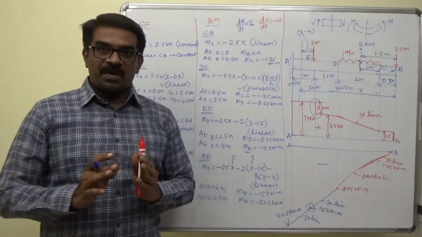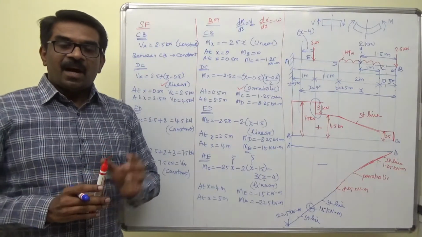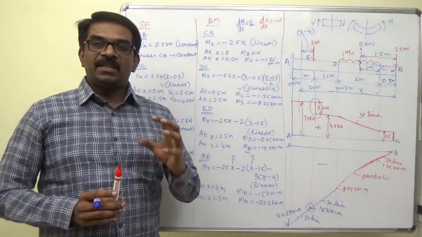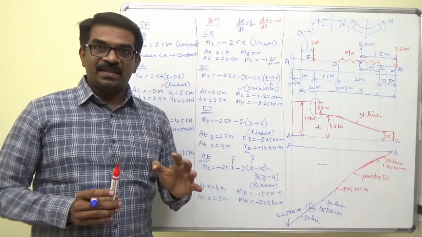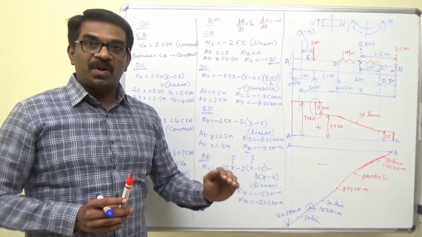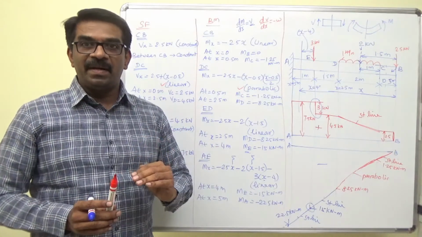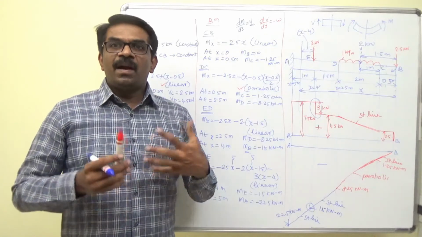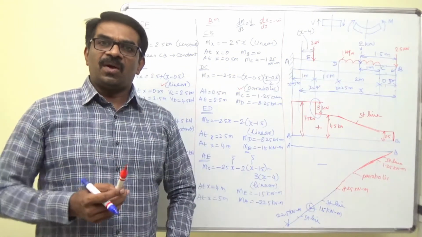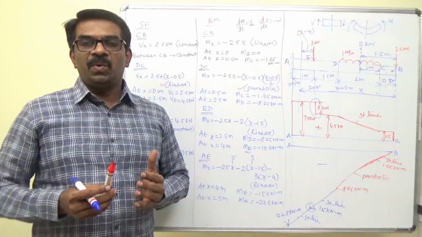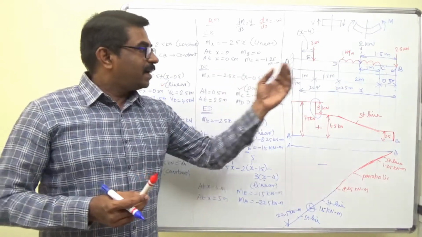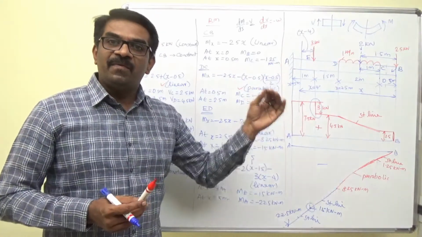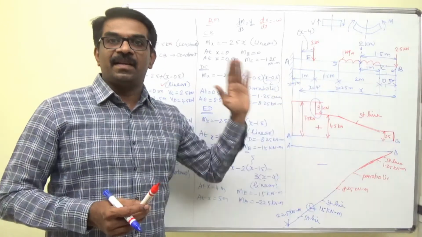I hope you have understood how to find the shear force and bending moment values, and how to draw the shear force and bending moment diagrams. Okay, you may ask a question, why do we have to draw all this? We need to know the shear force and bending moment values at any section in a beam.